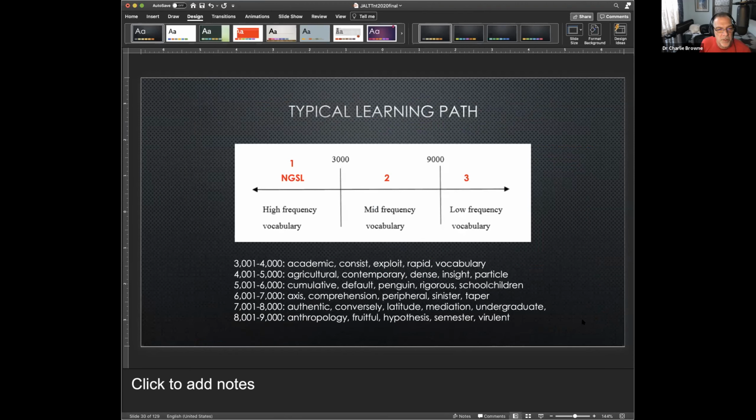So hold on just a second. So this slide here, for example, what you can see is that if we're looking at the first several thousand words of English, the high frequency words, the first 2,000 or 3,000 words, that should be step one for everybody. Mid-frequency vocabulary is a weakness for most second language learners.